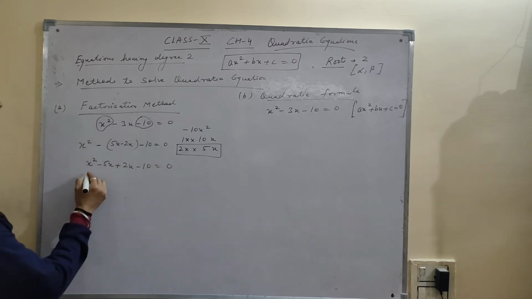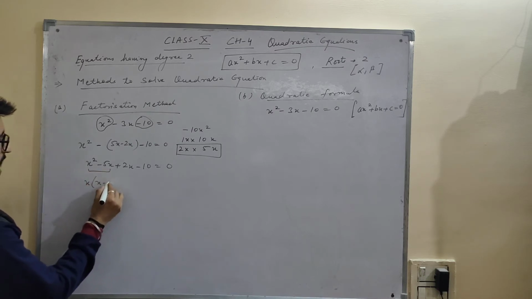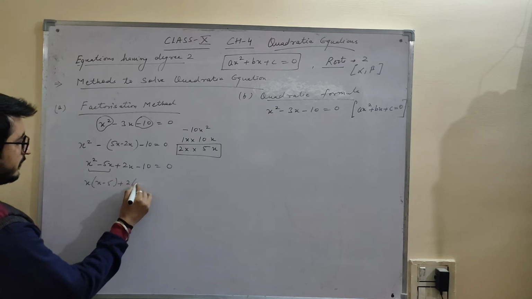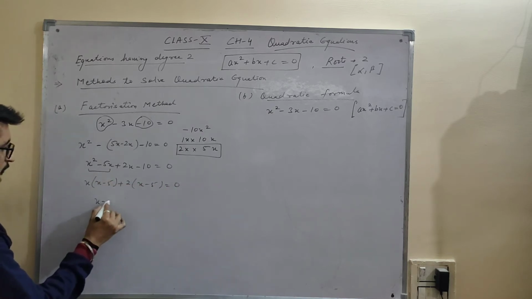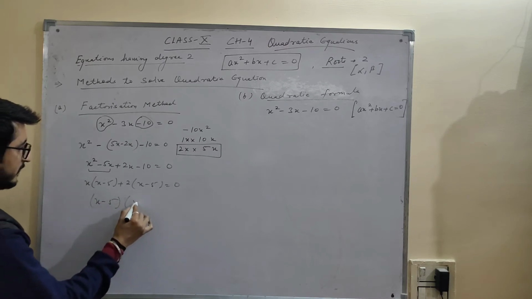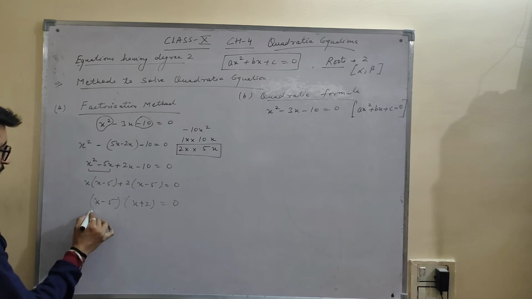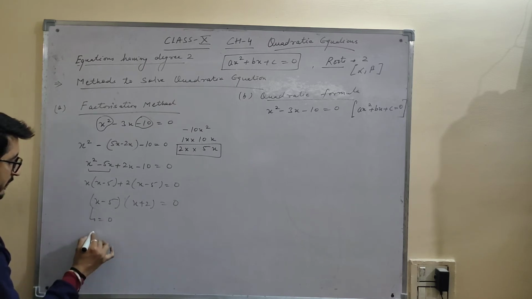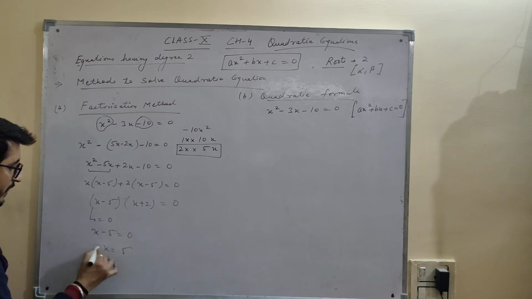Taking common, I take x common from the first two terms: x into (x minus 5), plus 2 common, again (x minus 5) equals 0. So I have got one bracket as x minus 5 and the other as x plus 2, both equal to 0. Keeping x minus 5 equal to 0, I get x as 5.